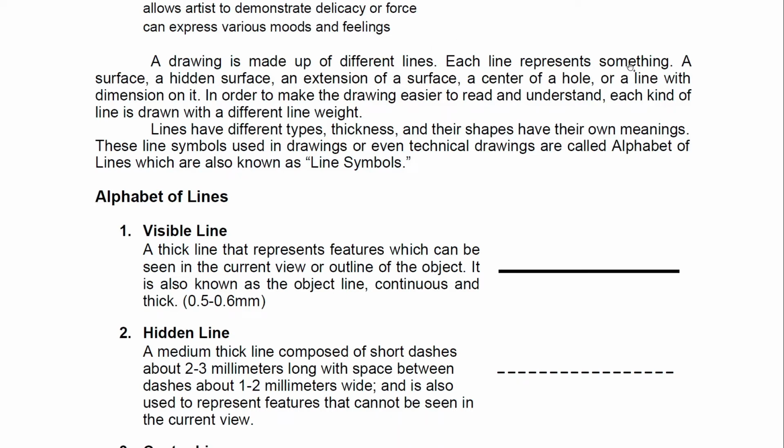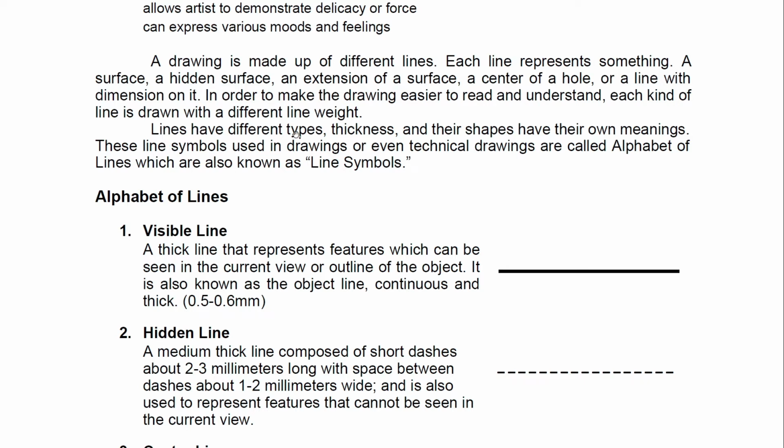Each line represents something. So a surface, a hidden surface, an extension of a surface, a center of a hole, or a line with dimension on it. In order to make the drawing easier to read and understand, each kind of line is drawn with a different line weight.